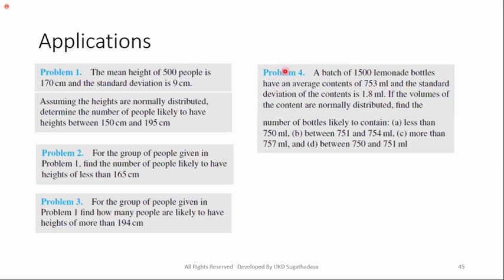When you want to do this kind of survey, they choose 1,500 bottles and measure the actual content. They measure the actual content and take the average value, and that average value is shown here, 753 milliliters.